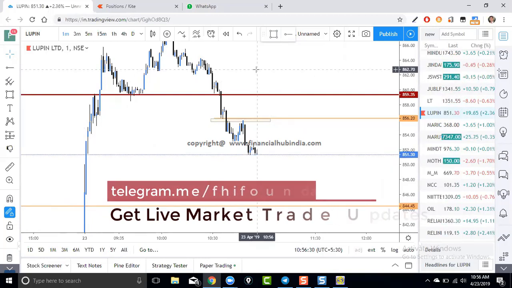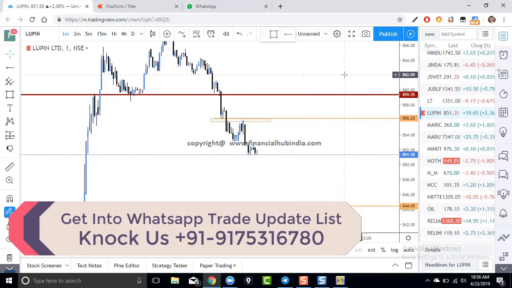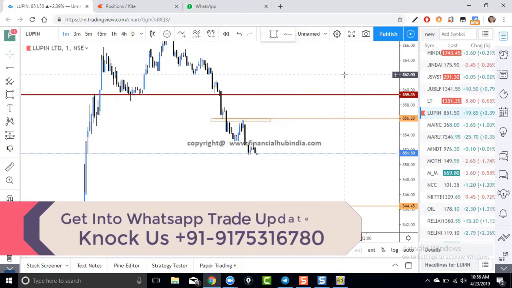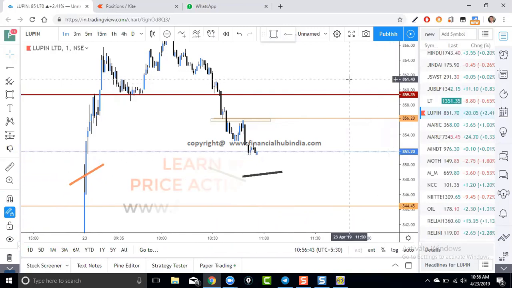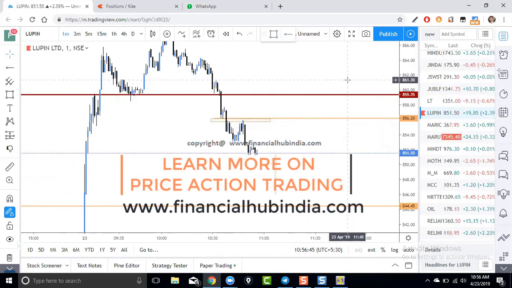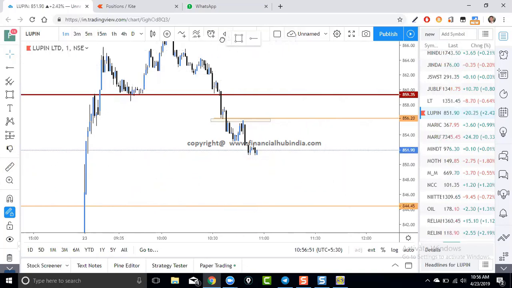Generally, 3 and 5 minutes are preferable to open your trades, but when the market is rising or falling very much with its own strength, then sometimes even 3 and 5 minute time frames become tough to trade. Let me show you here.